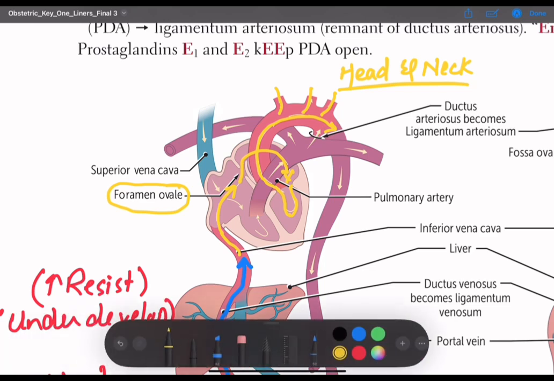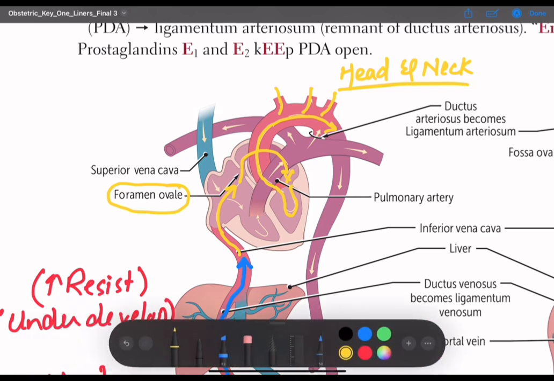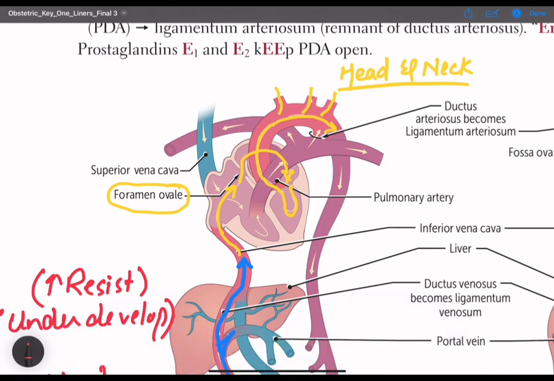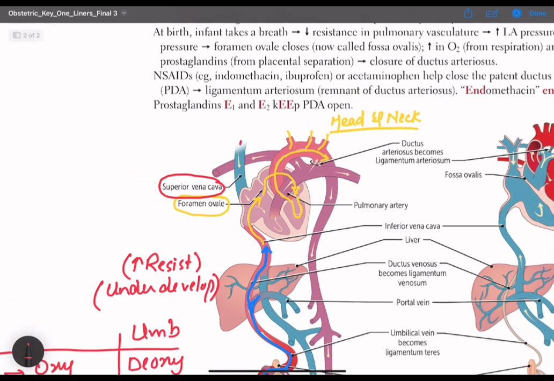The superior vena cava drains blood from head and neck, especially the deoxygenated blood or the blood with lowest O2 content. It reaches right atrium. From right atrium, it goes into right ventricle. From right ventricle, it goes into pulmonary artery.